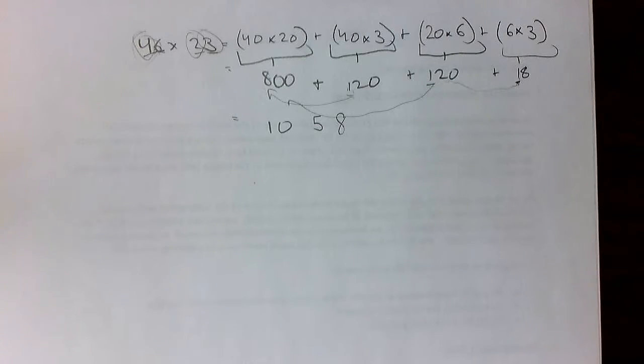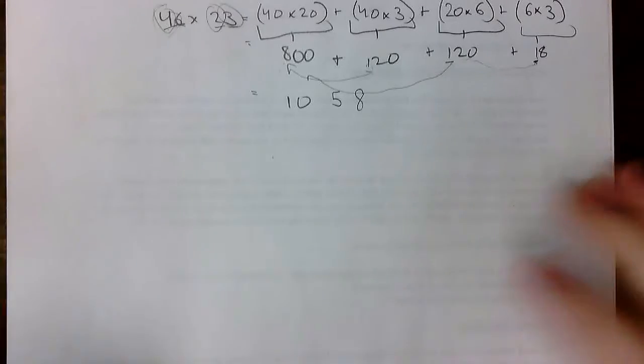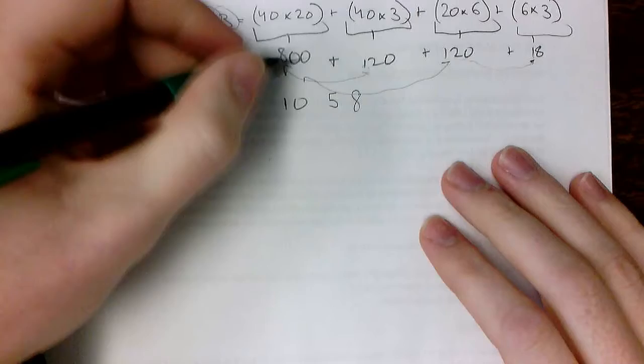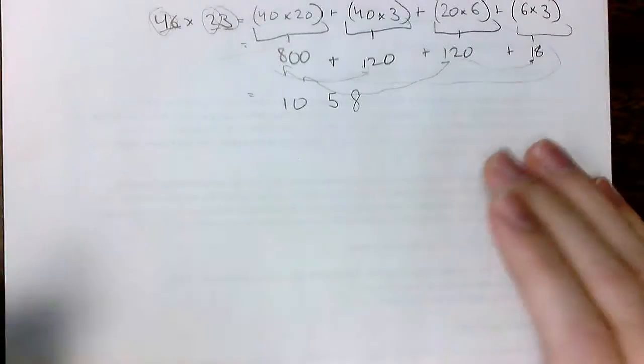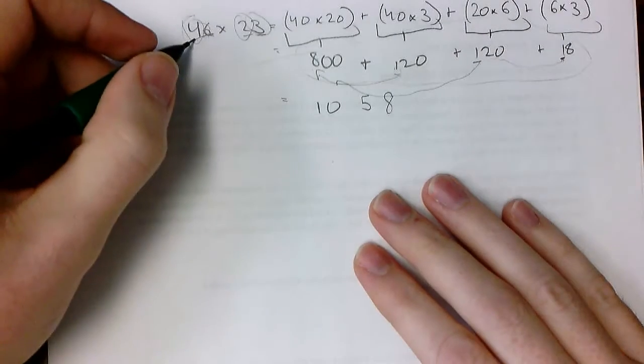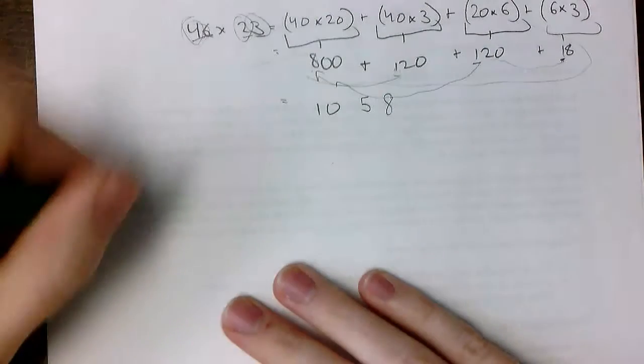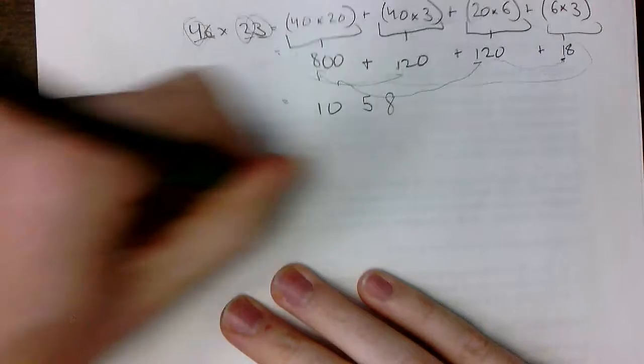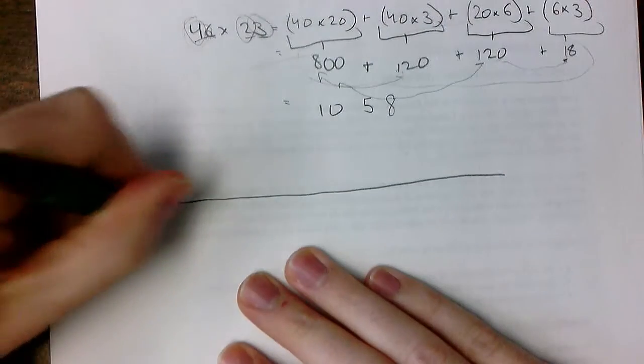Alright. So what the line multiplication is doing is it's just another way to visualize this step here. You start off with your first number. We have a 4 in the tens place, so my tens place is going to go on top. I'm just going to draw 4 lines here.